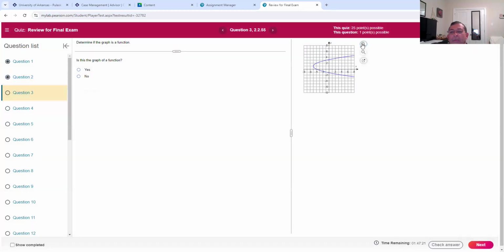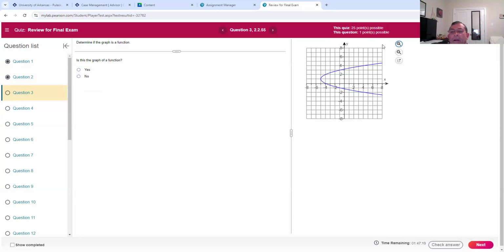All right, y'all, let me make this a little bigger. They want to determine if this is a function. Well, you're going to run a vertical line down through that. Vertical line, up and down. If the vertical line can intersect that graph more than once, it's not a function.